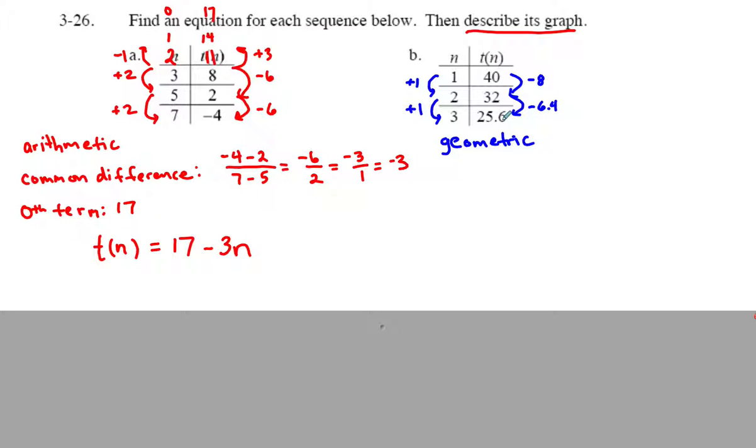To figure out what we multiplied 40 by to get 32, we can take 32 and divide it by the term before it. This is going to find our common ratio.